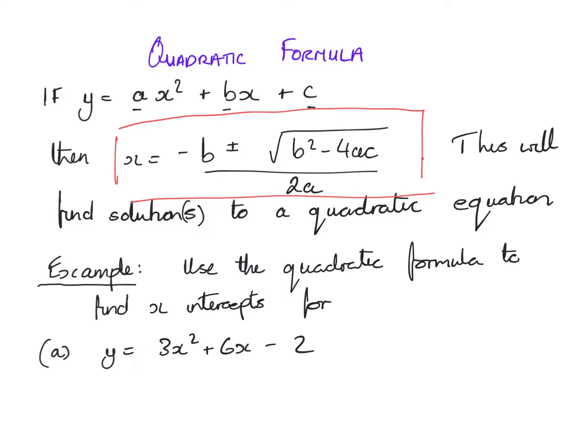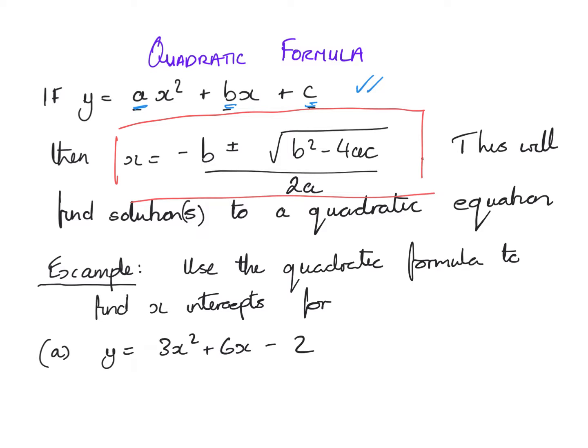Now remember, the general form for a quadratic is this: ax squared plus bx plus c. So a in front of the x squared, b in front of the x, c stands alone. So the quadratic formula, you substitute those values into this: minus b plus or minus the square root of b squared minus 4ac, all divided by 2a.